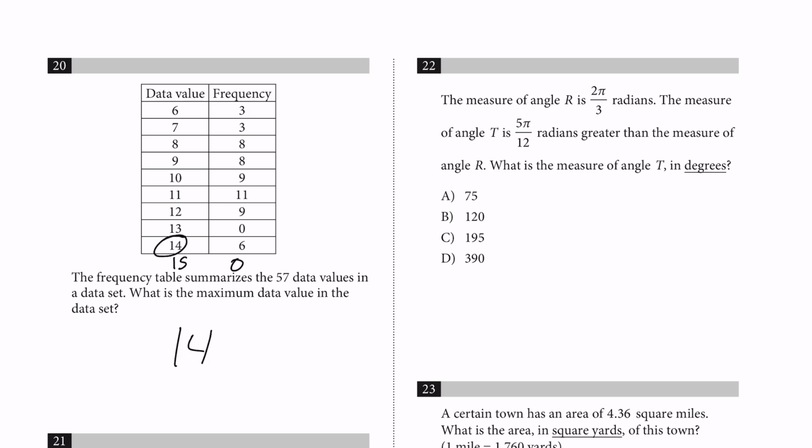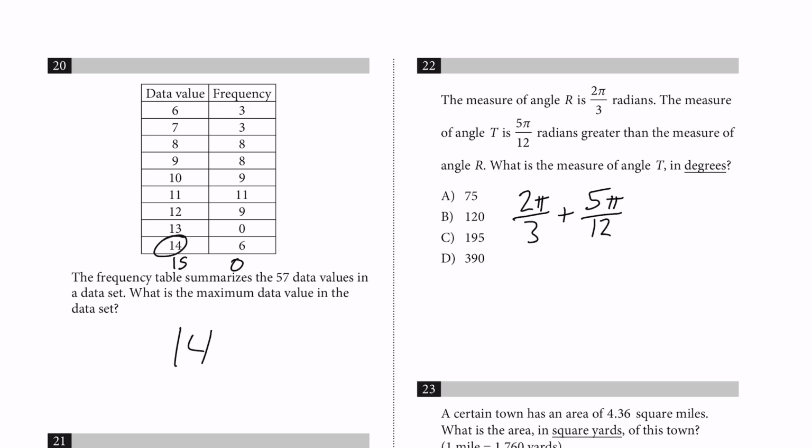So the measure of angle T is going to be 5 pi over 12 greater than the measure of angle R. So that's going to be 2 pi over 3 plus 5 pi over 12. And to get common denominators, for the 2 pi over 3, we're going to multiply both the numerator and the denominator by 12.